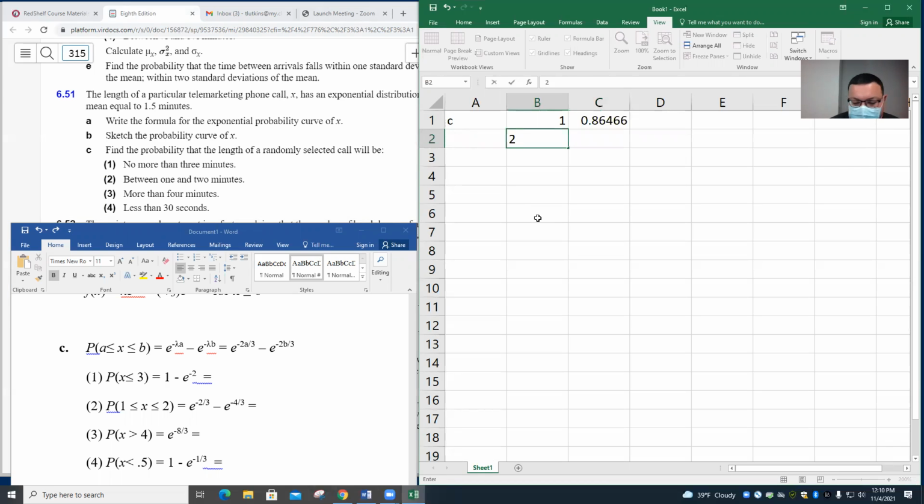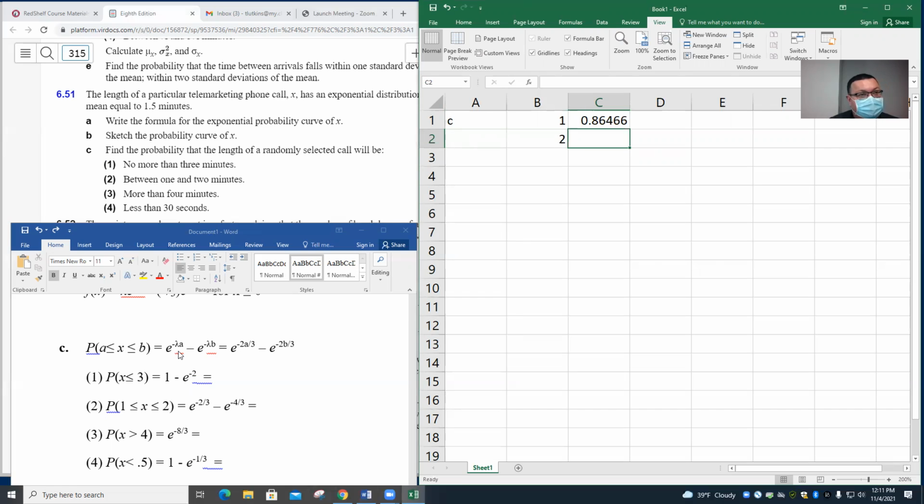All right, then problem 2. It wants between 1 and 2 minutes. So we have it written out here: the probability 1 is less than or equal to x, less than or equal to 2, equals e to the exponent -2/3 minus e to the exponent -4/3. How we got that is, if we remember our formula up here, we're doing e to the negative lambda times a.